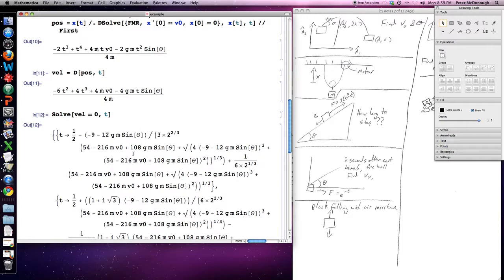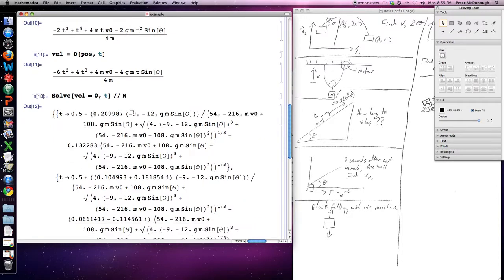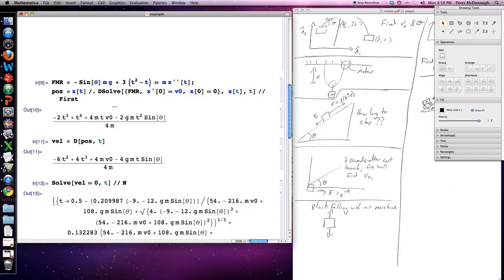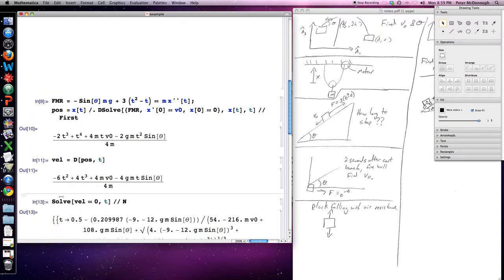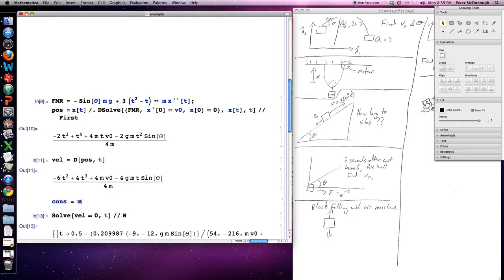Hideously complex. Let's do a /N here to see what pops up. Anything? No? All right. Let's imagine that I've got some actual values in here. Maybe I've got some constants that say my mass is equal to 1, my gravity is 9.8, and my theta is maybe 30 degrees.